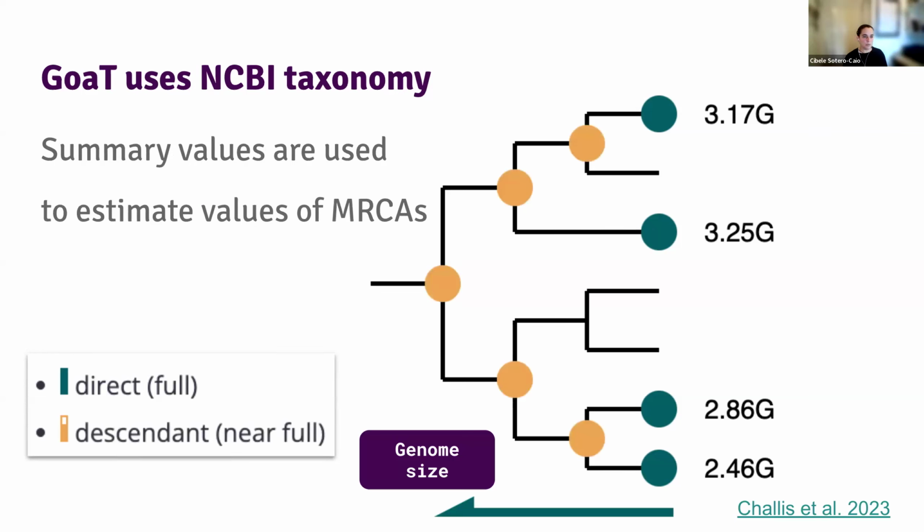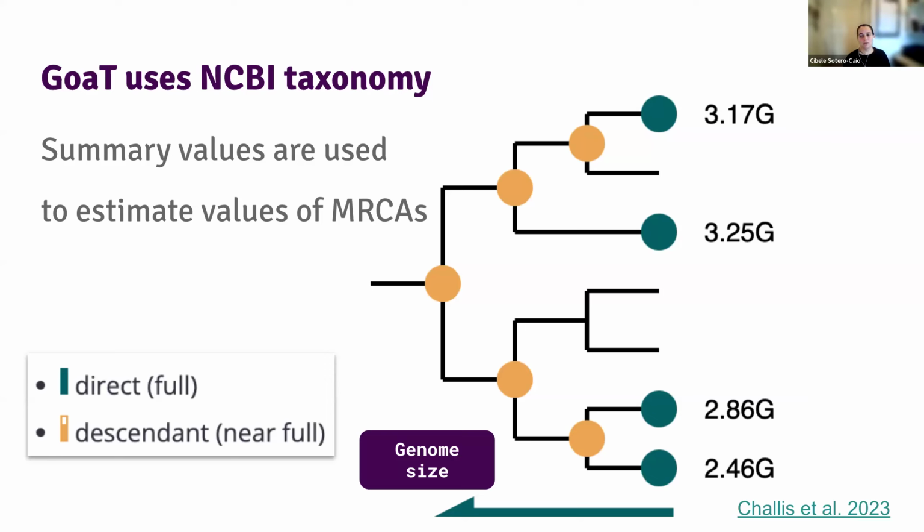Then what we do is create summary values within a taxon. So let's say these two species here are congeners, so same genus. For genome size, GOAT picks a summary value that makes sense for it, so either a mean or a median.